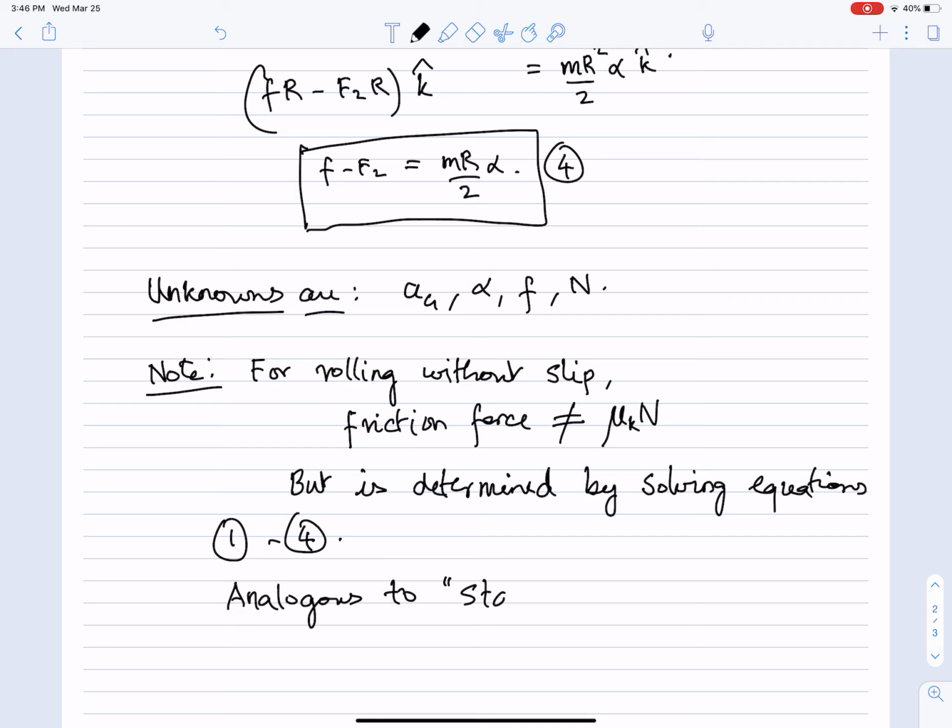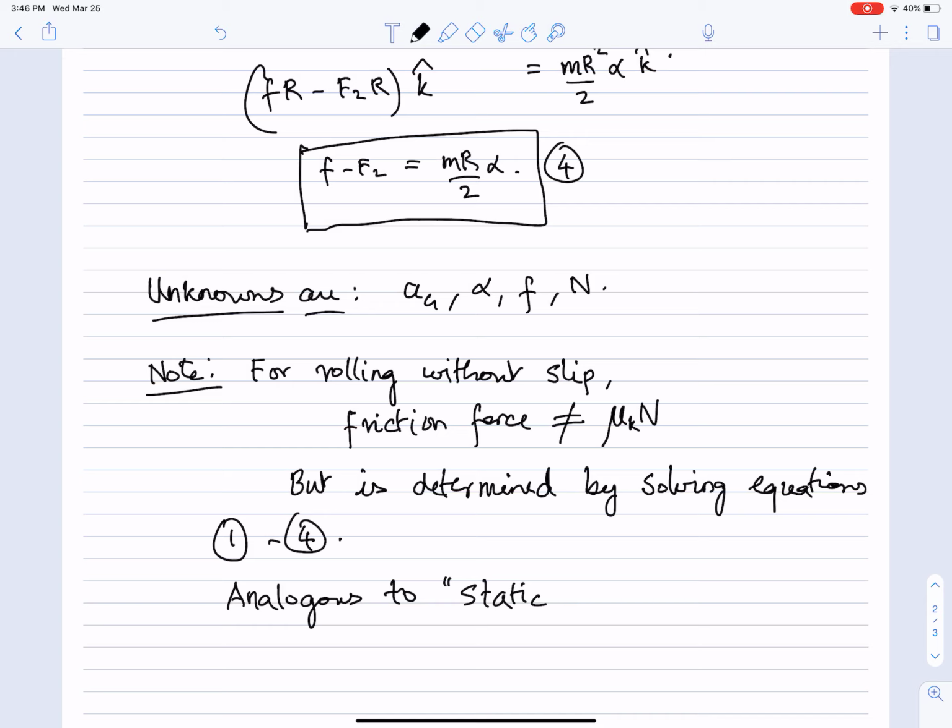of a block. So if you have a block sitting on a table and you ask the question, what is the friction force on this block on a table which is not moving? It is not equal to mu k times n. It is whatever it needs to be to prevent the block from slipping, right?